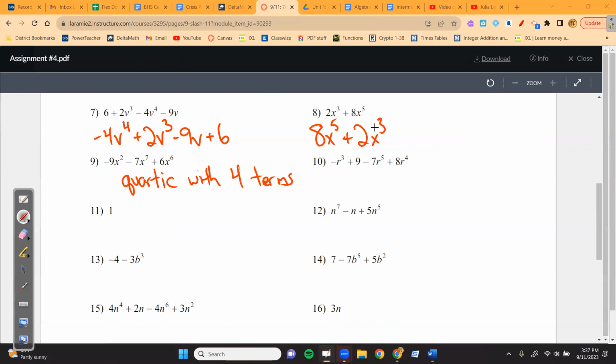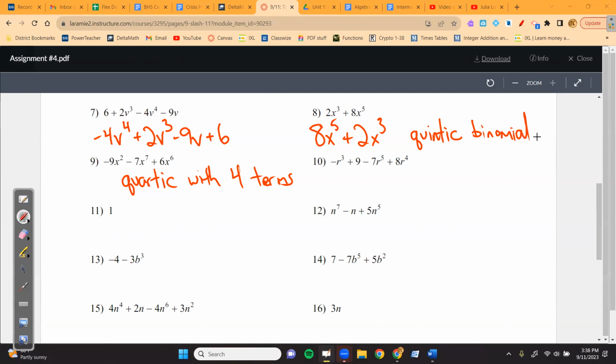The good thing about putting it in standard form is that the degree you're looking for will always be at the beginning now if you did your standard form correctly. So what's his degree? Good job. He's a quintic. And based on the number of terms, what would you say he is, Haley? Crushed it. Much better than last time. Great job. Quintic binomial. Good job.